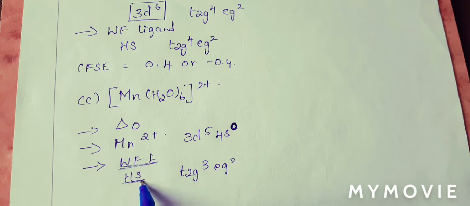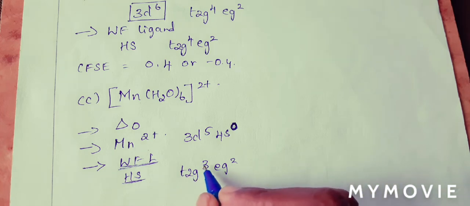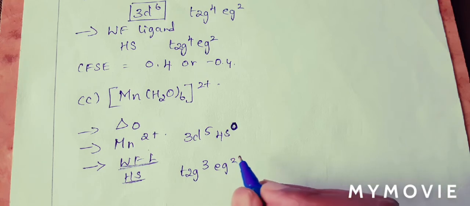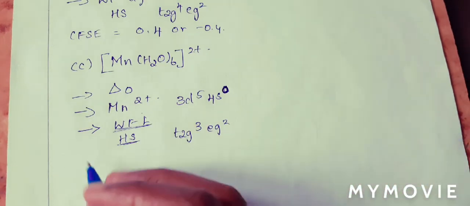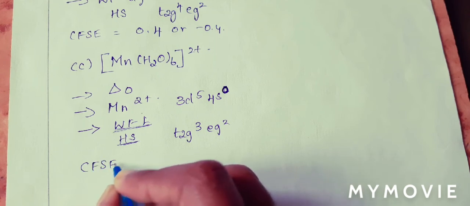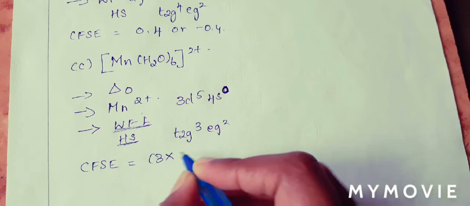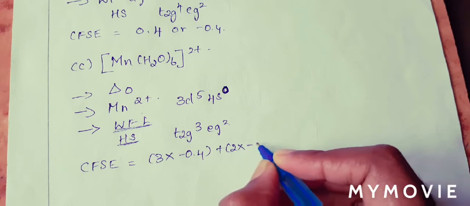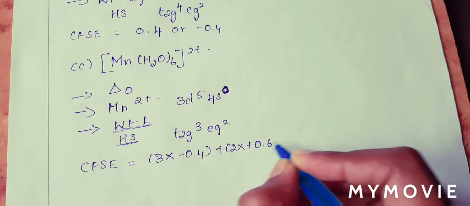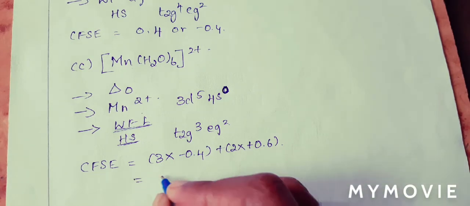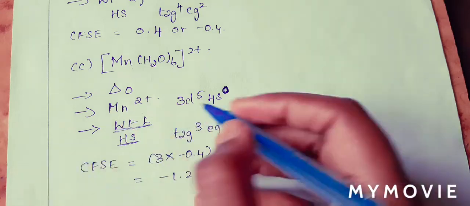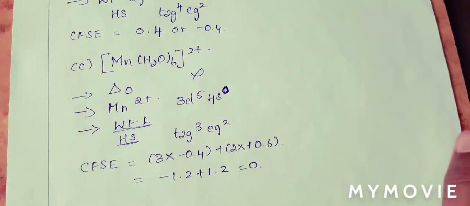When it forms a high spin complex, the filling up will be of this order: 3 orbitals will have 3 electrons, 2 orbitals will have 2 electrons. Now let's quickly calculate the CFSE value. CFSE is going to be 3 into minus 0.4 plus 2 into plus 0.6. When I do this, I get minus 1.2 plus 1.2, which is equal to 0. So this also can't be the answer.